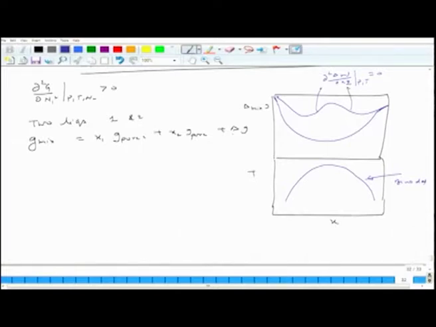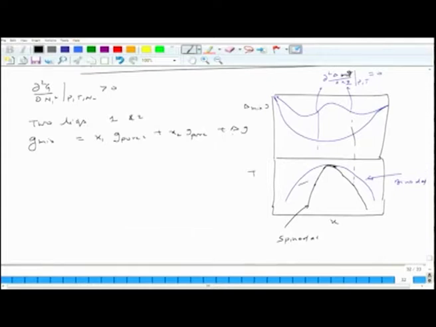This corresponds to some points here at this temperature, these 2 points. This is called the spinodal, which is the line that corresponds to the second derivative of the Gibbs free energy being 0.